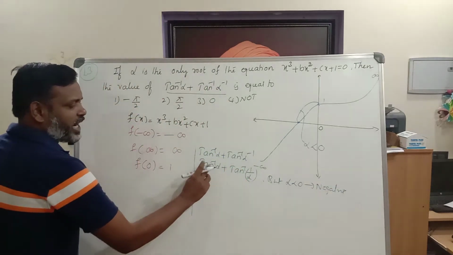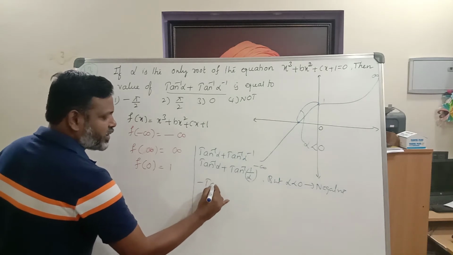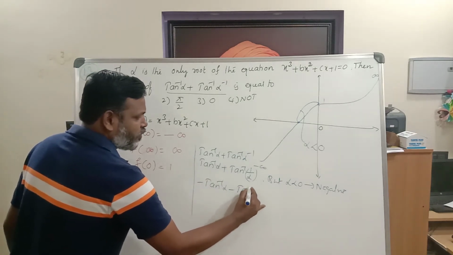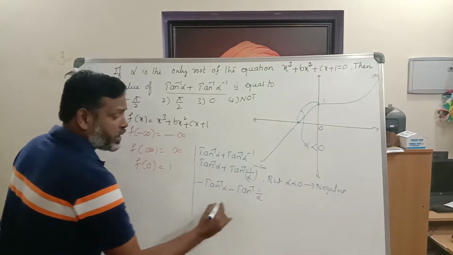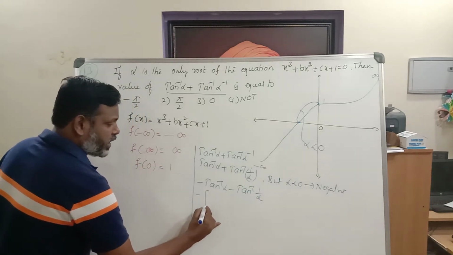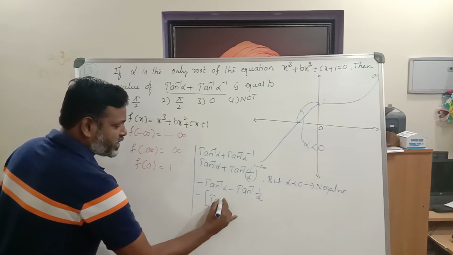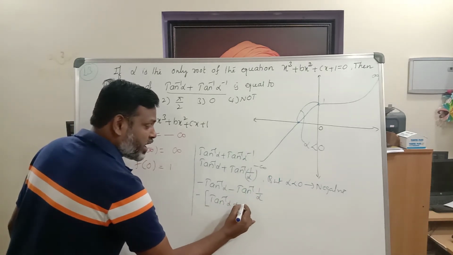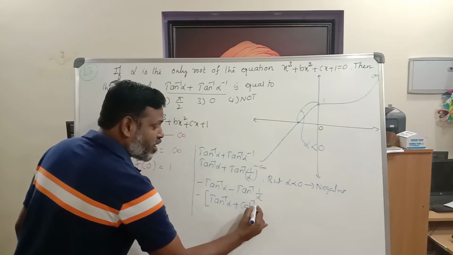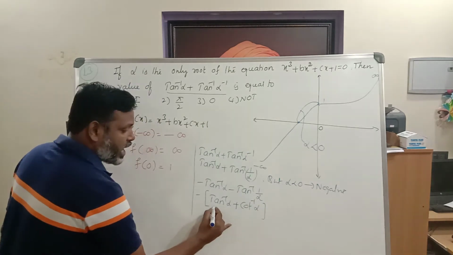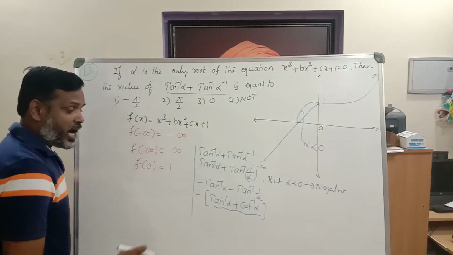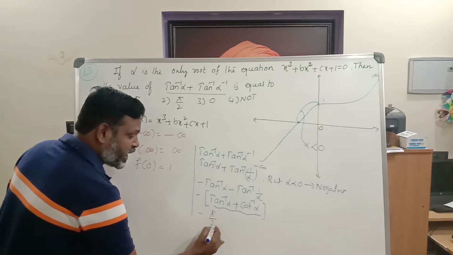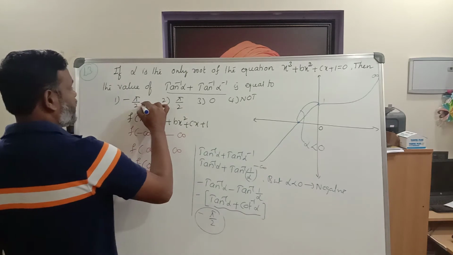When alpha is negative, this becomes minus tan inverse alpha and this becomes minus tan inverse of 1 by alpha. Is it clear? Now take minus common: tan inverse of alpha plus tan inverse 1 by alpha, can we write it as cot inverse of alpha? And we have tan inverse alpha plus cot inverse alpha equal to pi by 2. So this is the solution.